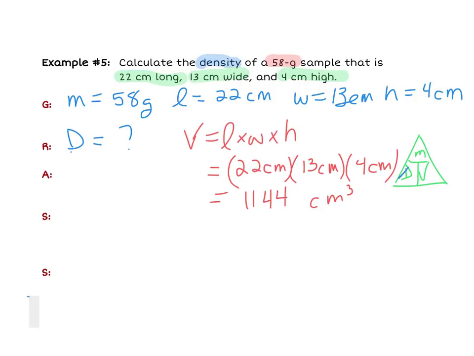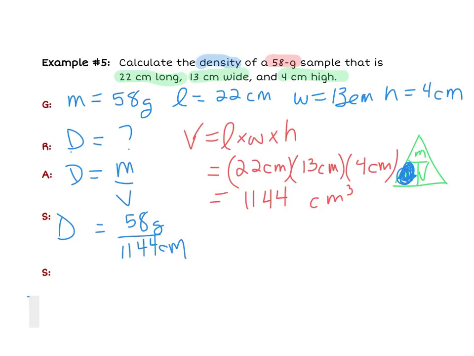So I'm going to write out my formula by hiding my density in my density triangle and remembering that density is equal to mass divided by volume. Now I know what my volume is, and I knew what my mass was because they gave that to me. So 58 grams divided by 1,144 cubic centimeters.